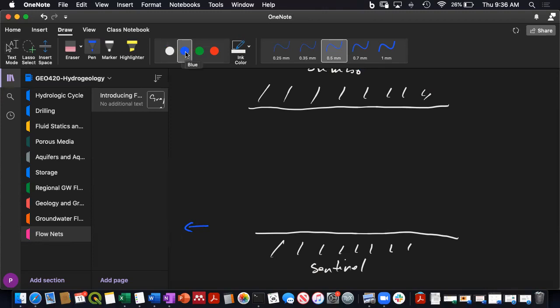Now, a flow net will look like this. I'm going to say that at some portion upstream, I know what the head is equal to. So this is going to be my first head contour, and this is H is equal to H1, and this is at X equals 0.